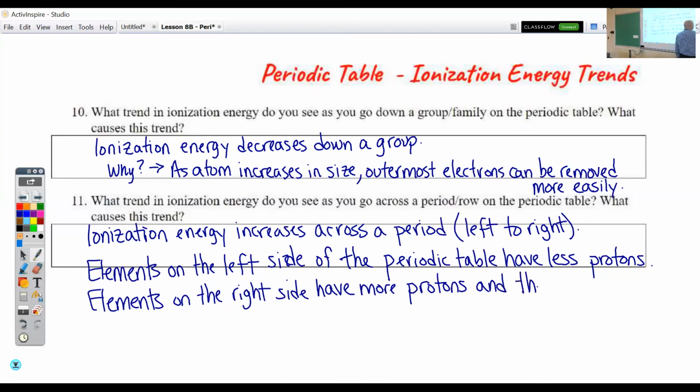And therefore, it's harder to remove an electron.